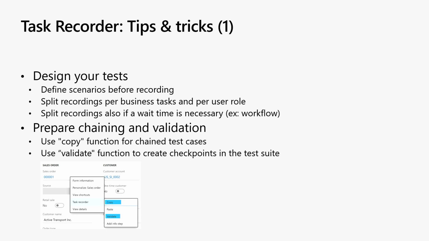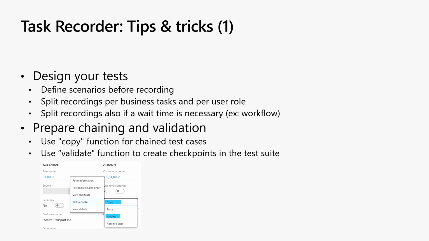For example, in my screenshot, I right-click on a field, for example the sales order ID, and if I do copy, I will keep a variable of that value in my parameter file. And I will be able to use this variable in all the parameter files for all the recordings which will come later in my test suite.